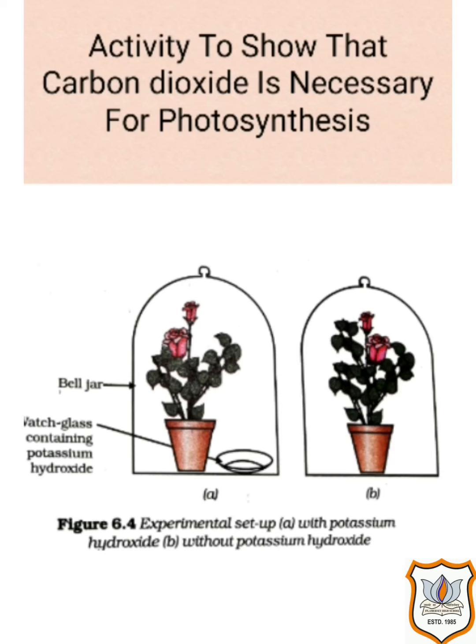Starch is not formed in the leaf of the plant kept under the bell jar with KOH kept along with it, because KOH absorbs carbon dioxide from the air. So CO2 is not available for photosynthesis and thus starch is not formed. The potted plant B showed normal photosynthesis in the presence of CO2.